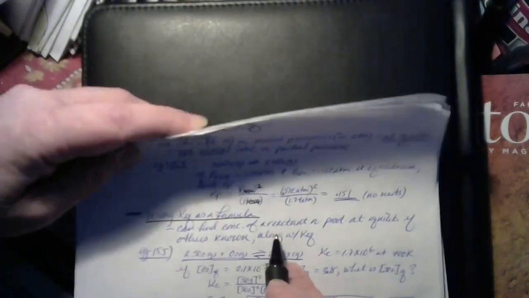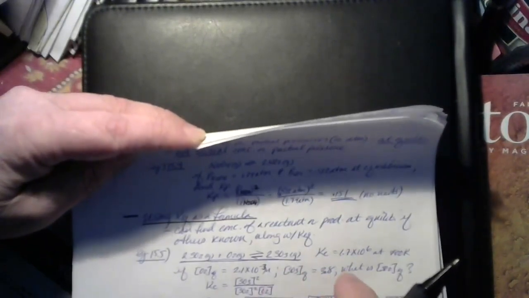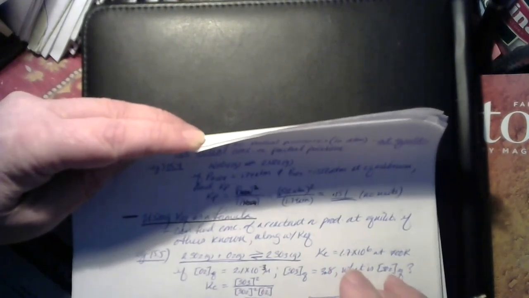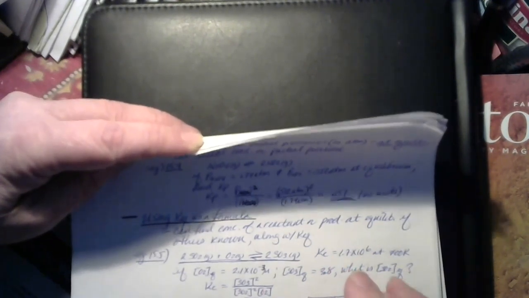So using Keq as a formula just means, for instance, there may be cases where you know the Keq for a reaction, because, like I said, they never change for a given reaction at a given temperature. So there are places where you can look up values for equilibrium constants for certain reactions at certain popular temperatures like 25 degrees Celsius.